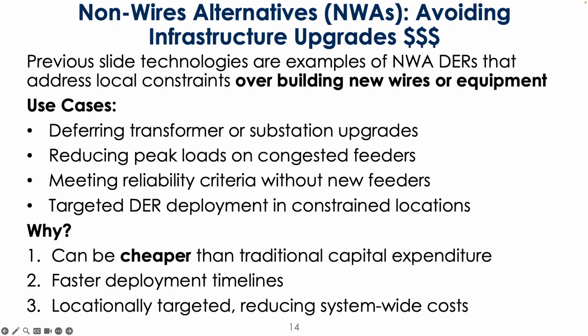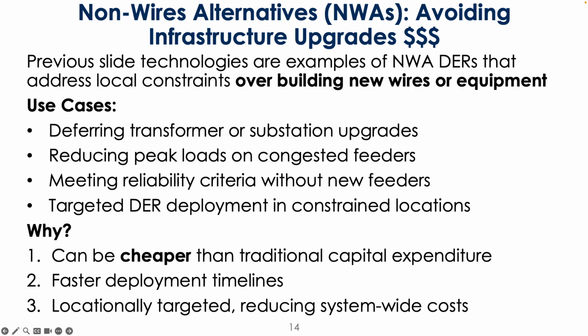Like with peaking, valley filling. You could get more generators that could ramp. You could have more capacity, and so when we think about the options to provide services to the grid, DERs are considered under this category of options that we call non-wires alternatives, NWAs.